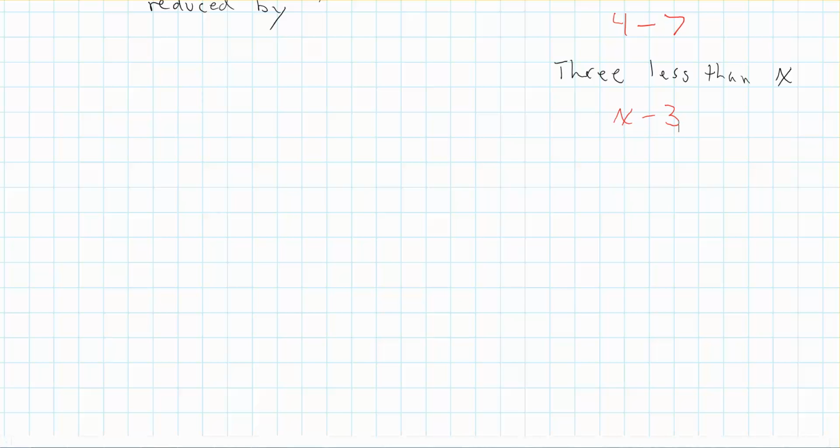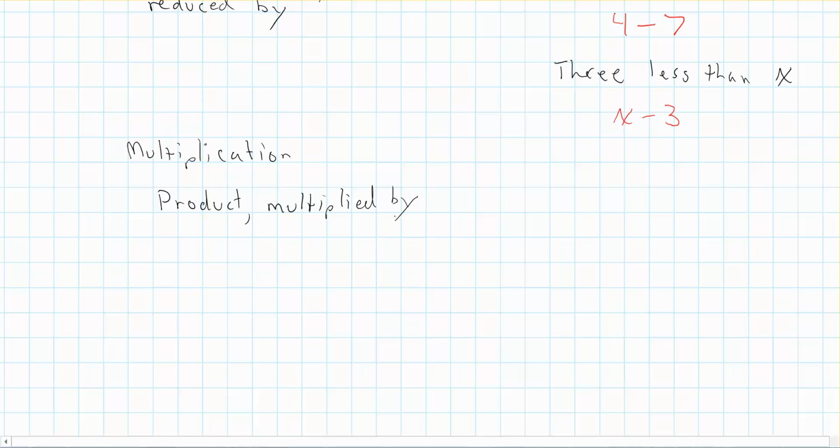Alright, so then let's go on to the other two. We have multiplication. Some of the key phrases we use for multiplication are product, multiplied by, which is kind of obvious, twice, which we would refer to as 2 times, times itself, product of.